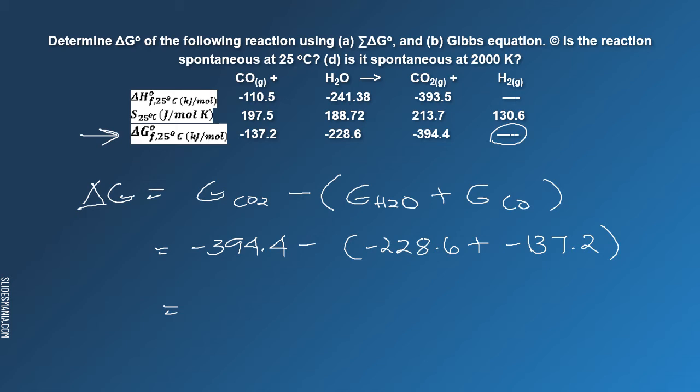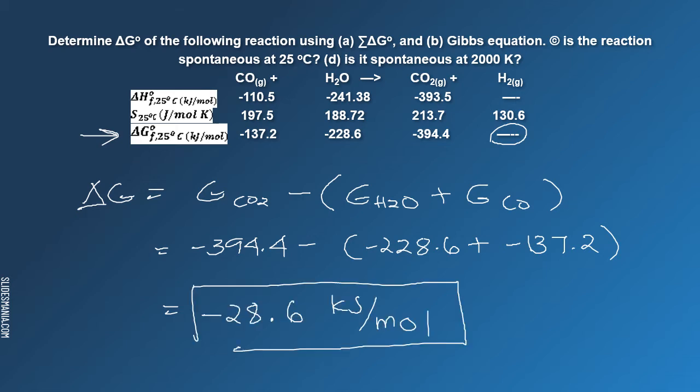What will be our delta G? After calculation, our Gibbs free energy is negative 28.6 kilojoules per mole. And if we just base it on this calculation, we will say that our reaction is spontaneous.